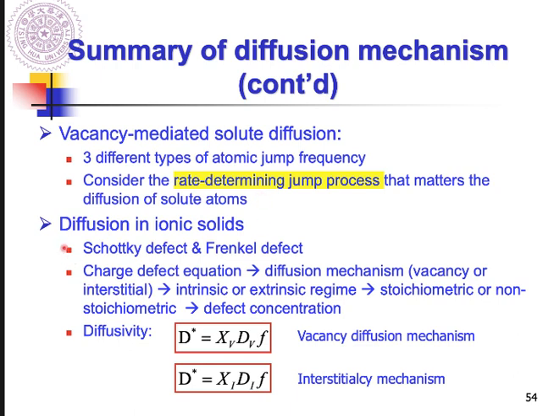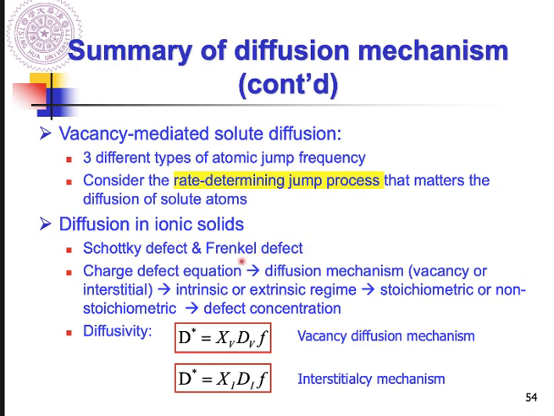In the next section, we moved our materials from metals to ionic solids. The diffusion mechanism we talk about here is also the vacancy-mediated one. In ionic solid materials, there are two ways to generate vacancies. The first one we call the Schottky defect, which generates a pair of vacancies. The other one is the Frenkel defect, which means the cation or anion moves to an interstitial site and leaves a vacancy.